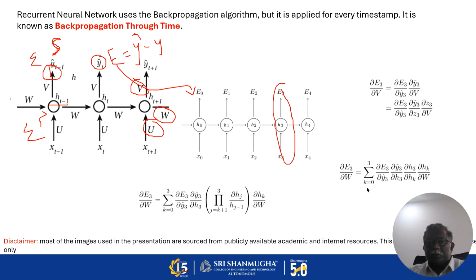We take ∂E3/∂ŷ3, and again ∂ŷ3/∂V. Here ŷ3 is basically the activation applied on the summed product, giving the predicted output, so you have to differentiate that function.